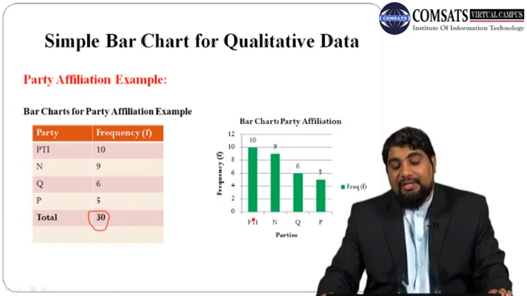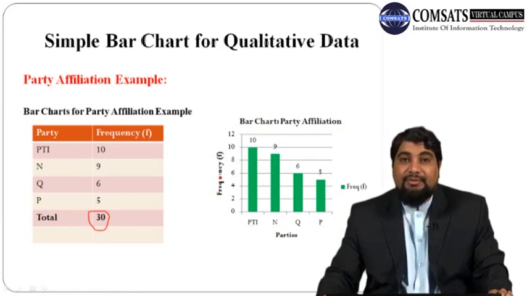We want to construct a simple bar chart of this data. In order to construct a simple bar chart, take the parties along the x-axis: PTI, PMLN, PMLQ and PPP, and their frequencies along the y-axis, and then corresponding to each category, construct a bar. Suppose we consider the first category, PTI.